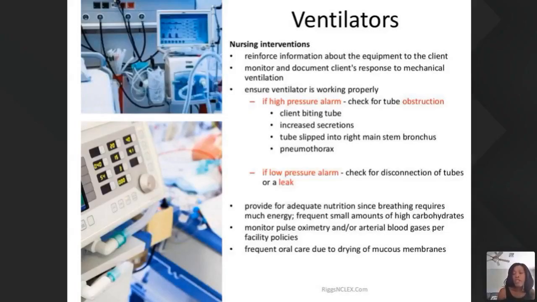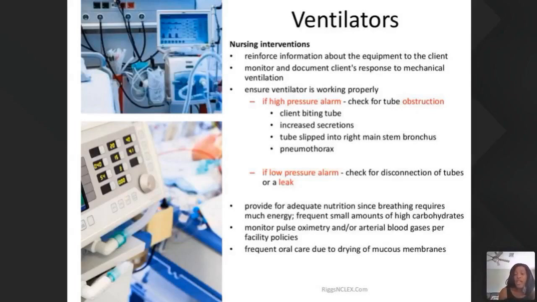So you have a high pressure alarm. Usually the high pressure alarm goes off when there's an obstruction. The client is biting on it, okay? The client has too much secretion, or maybe the tube is slipping into the tissue, a number of reasons. That's your high pressure, usually for an obstruction. Your low pressure alarm goes off when there's a leak.